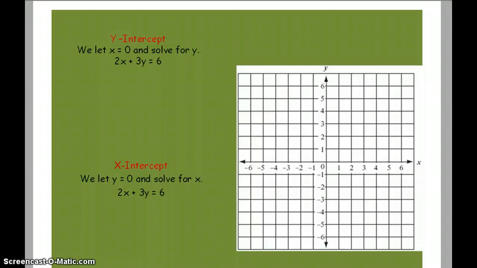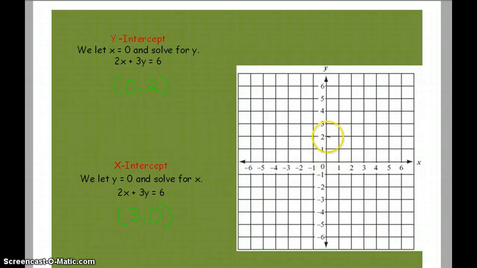Okay. So these are the same problems that we just worked. So our y-intercept, remember, had the coordinate (0, 2). Our x-intercept had the coordinate (3, 0). So let's go ahead and plot those points.